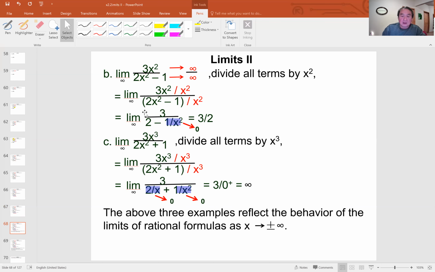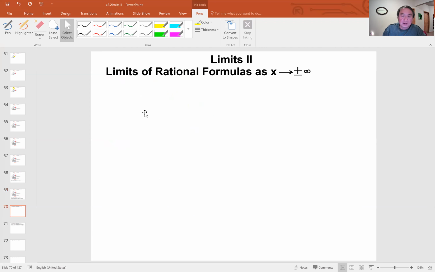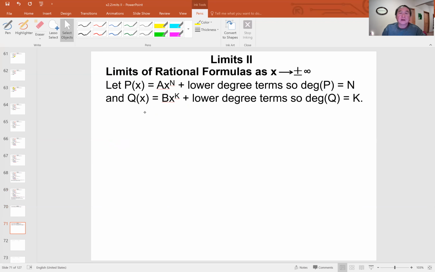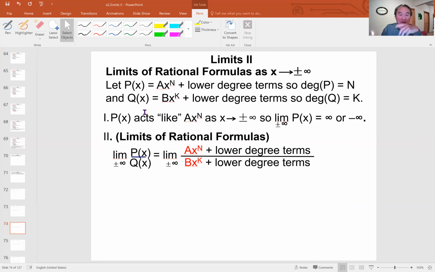So these are the types of examples we have when x goes to positive infinity, in particular for rational formulas. For limits of rational formulas, one more time, the lower degree terms don't matter. When x goes to infinity, we're talking about a boundary when x becomes very large, way out to the right, way out to the left.